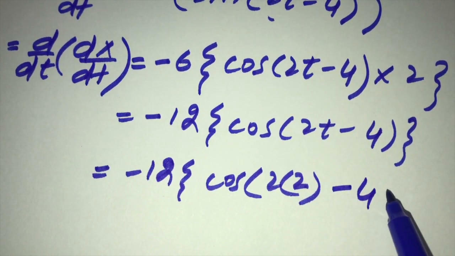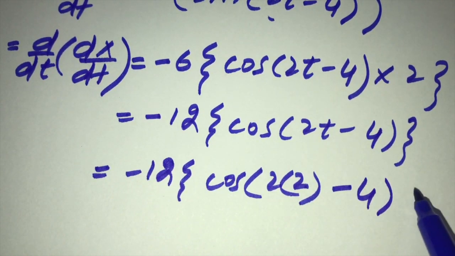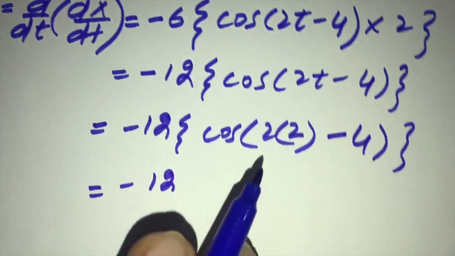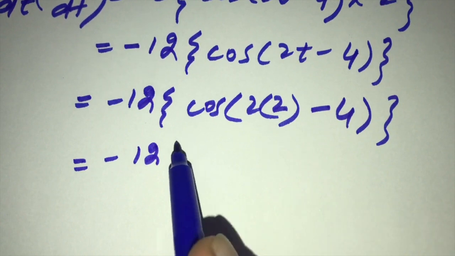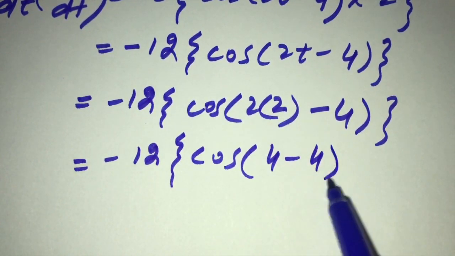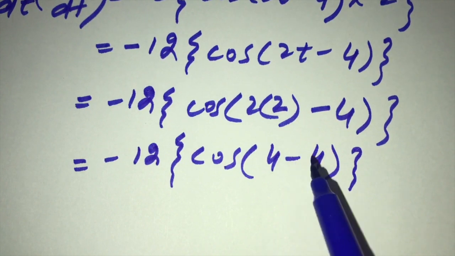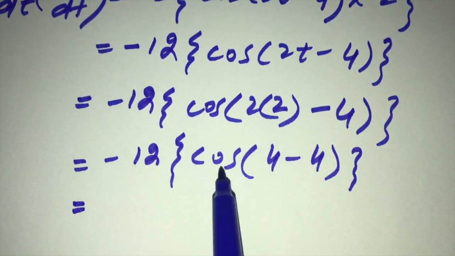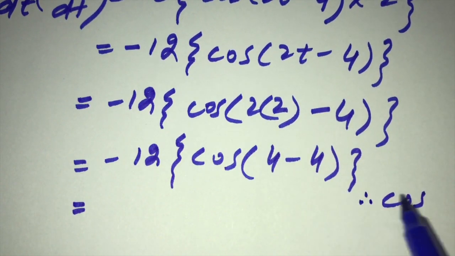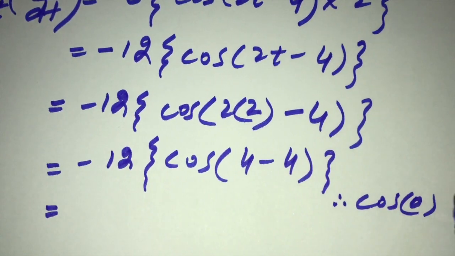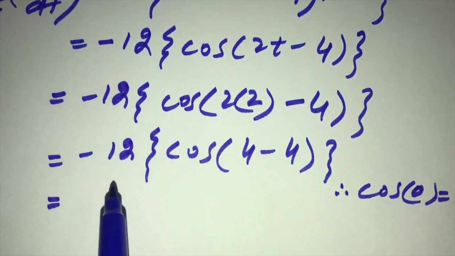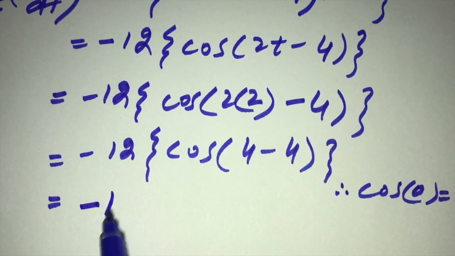So minus 12 into cos of 4 minus 4. 4 minus 4 is equal to 0, and cos of 0 is equal to 1. So the answer will be minus 12.